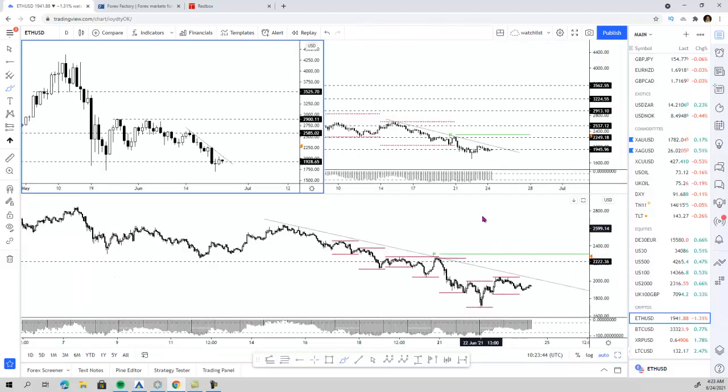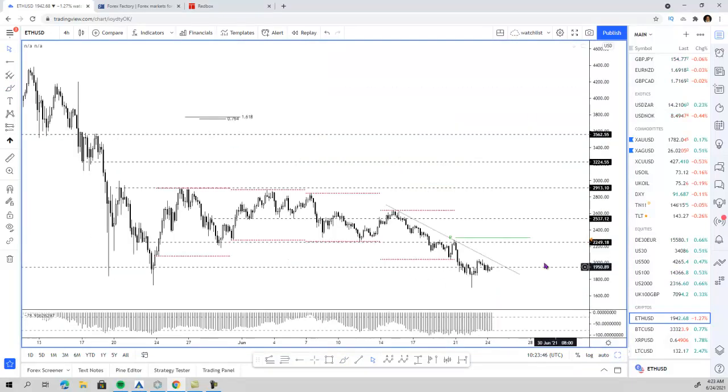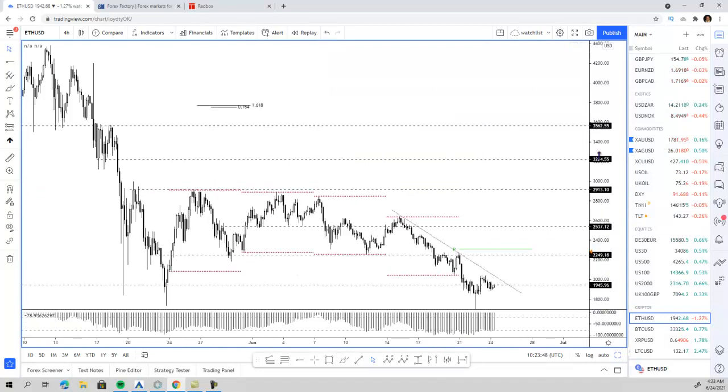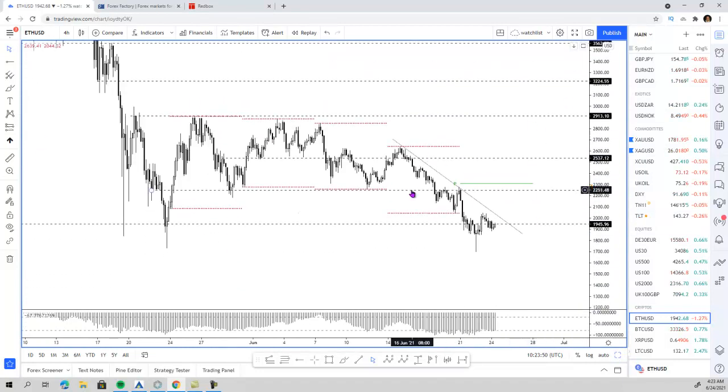What I like about Ethereum on the 4-hour chart is this little pattern that is being created. This structure to the downside, right, looks very clean. Now, I don't want to trade a break of these highs, the previous highs right here, just because we are at a very strong level of resistance.